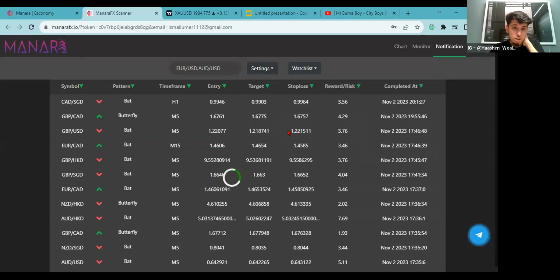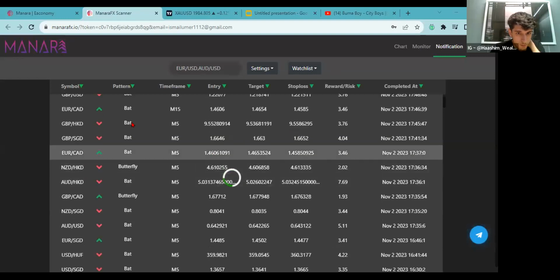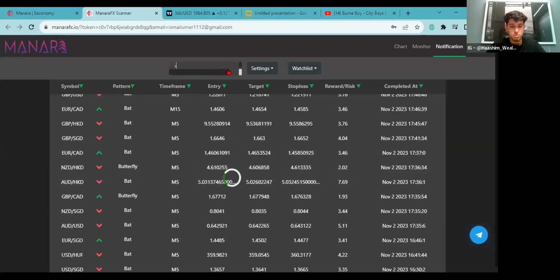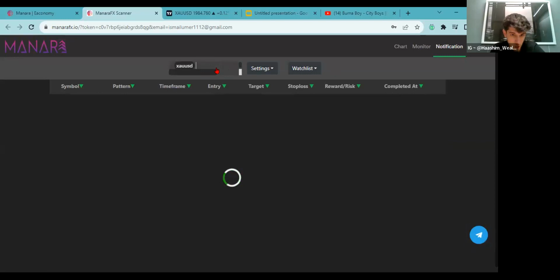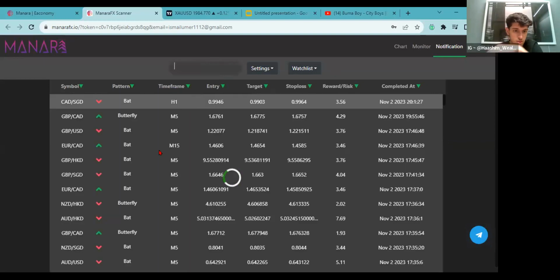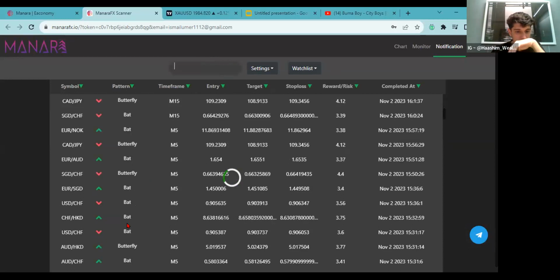And I'm going to go over a trade idea here, just so that you guys can see. I don't know why it's done this. But let me just find a gold one, because I know we all love to trade gold. Let it load. Let me find the gold trade.